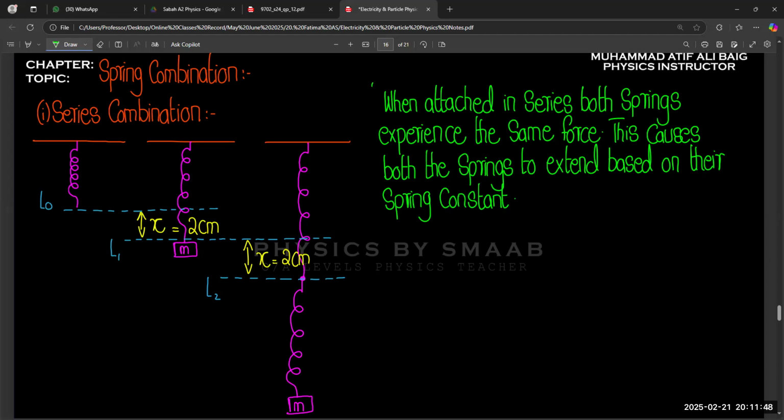So this is the information we can derive from this idea of series combination.